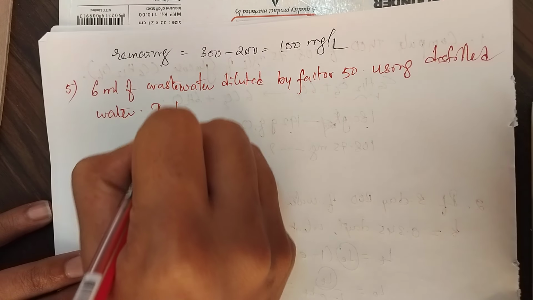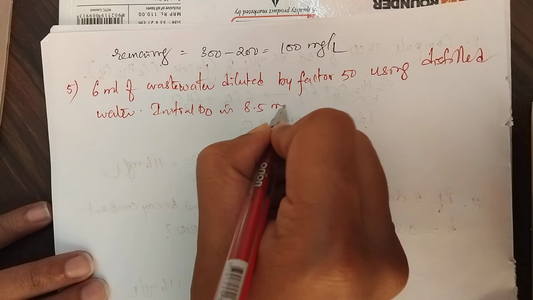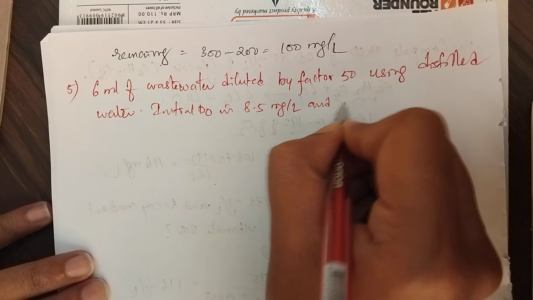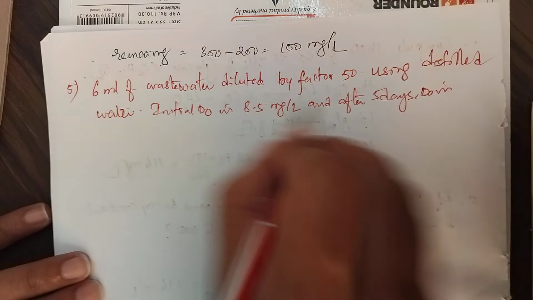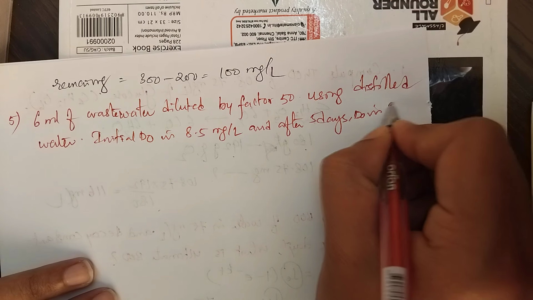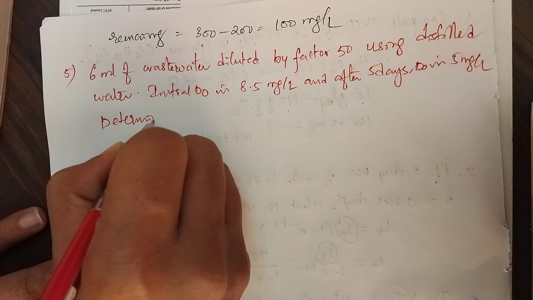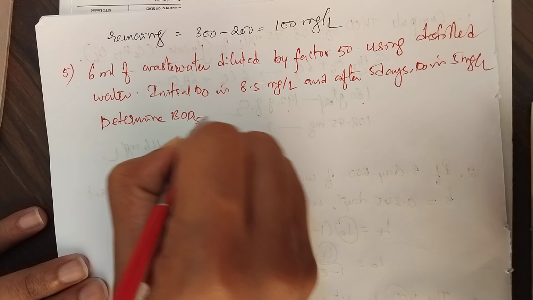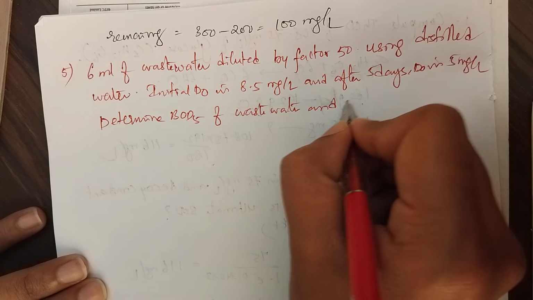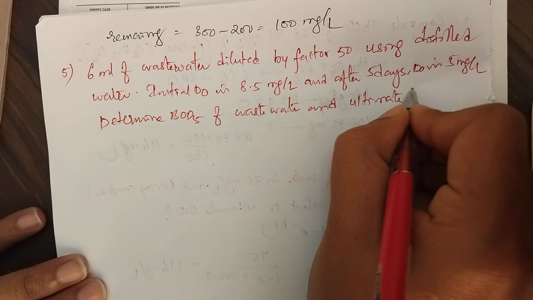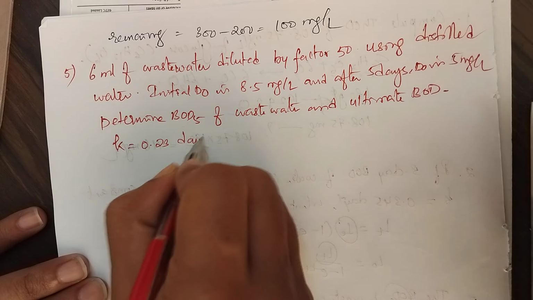Initial DO is 8.5 milligram per liter, and after 5 days DO is 5 milligram per liter. Determine BOD5 of wastewater and ultimate BOD. Given the K value is 0.23 day inverse.